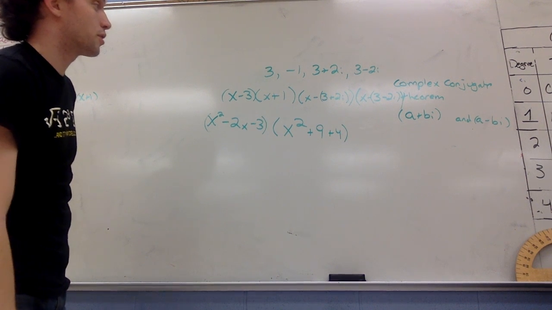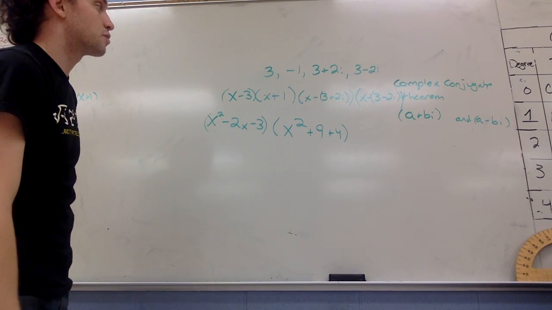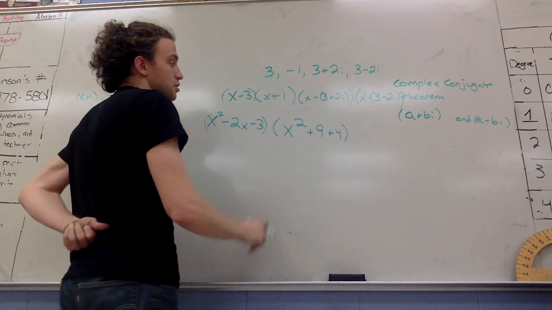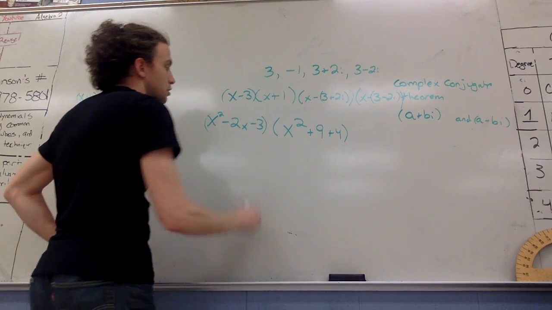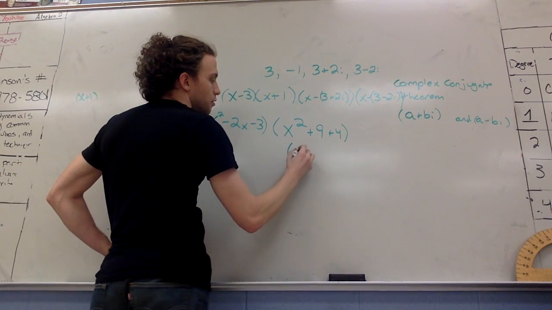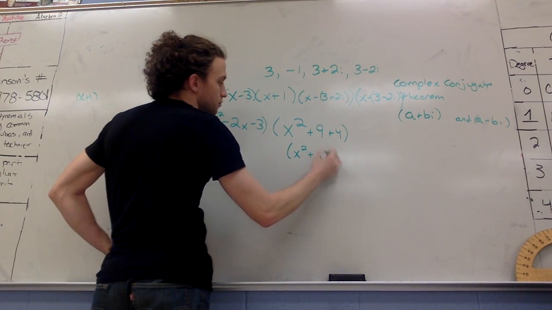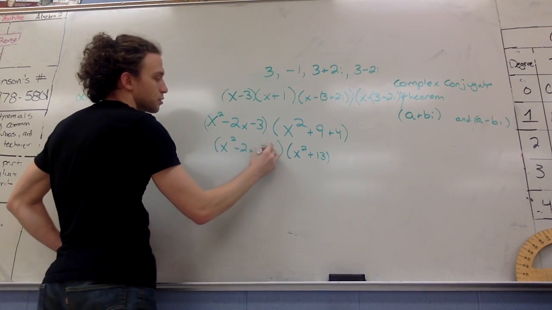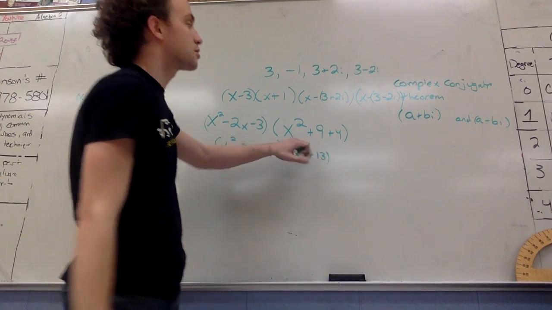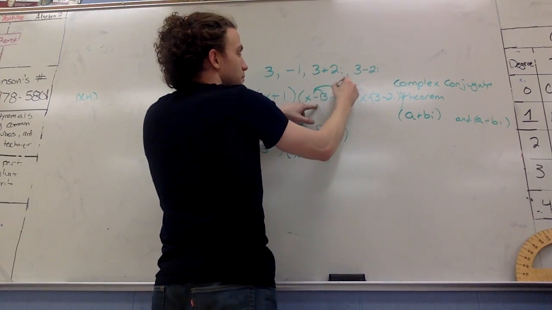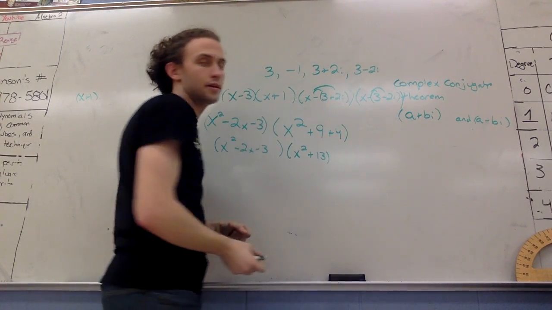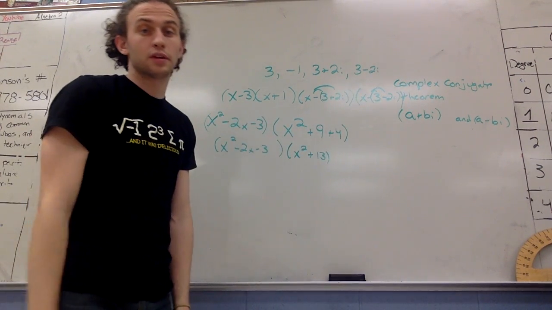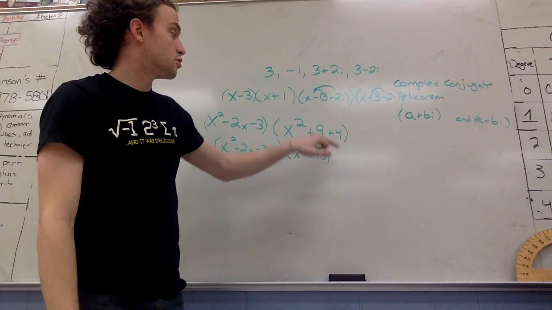All I did was multiply the conjugates together, and that's what it's going to give me. So x squared plus 9 plus 4 gives me x squared plus 13 times x squared minus 2x minus 3. If you don't know how I got this, please distribute the negative sign, and then triple distribute both of these. So you're going to have to multiply everything out and then combine all your like terms to get this as your answer.